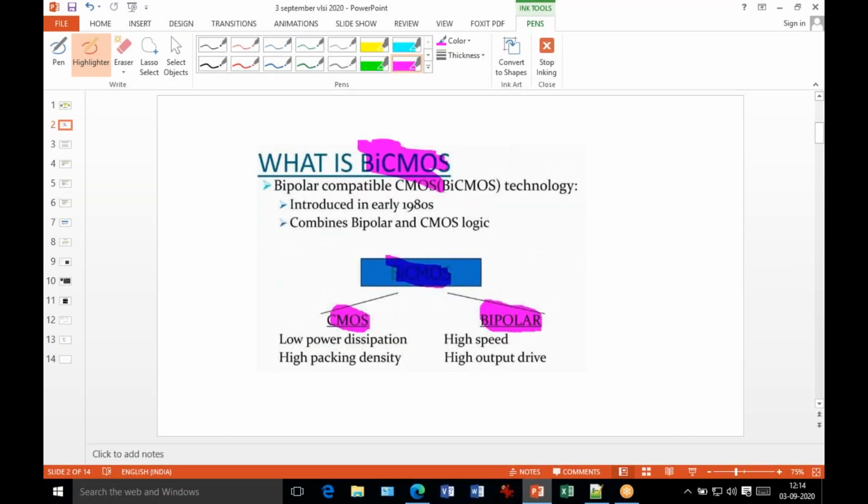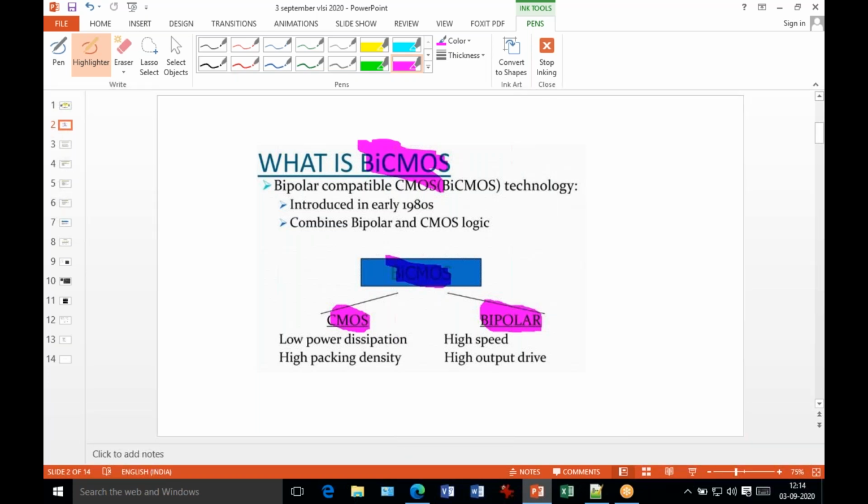If you merge these two technologies, then the driving capability and performance of the circuit is very, very good. We will discuss later why this performance is better. Previously I discussed that bipolar transistors have some leakage current and high power consumption, but here more features and more advancement are possible if you combine these two devices.